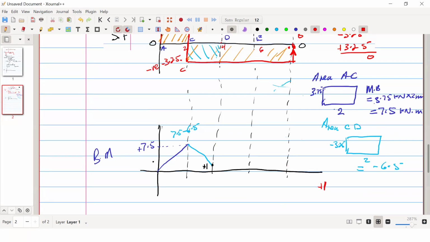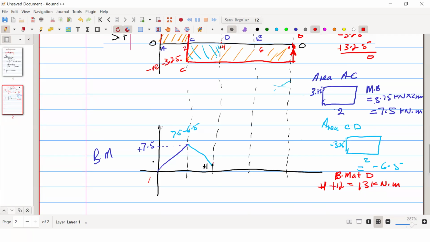And what value is it? 12. So this is our point. You could have said bending moment at D, so it is 1 plus 12. That gives you 13 kilonewton meters.